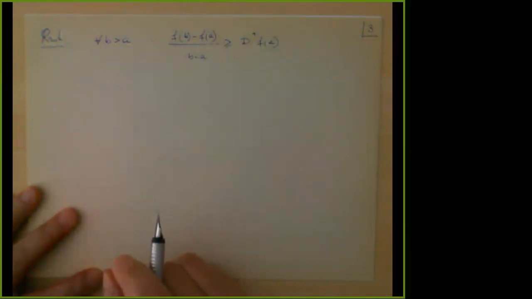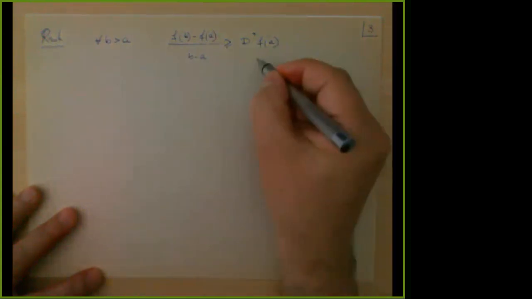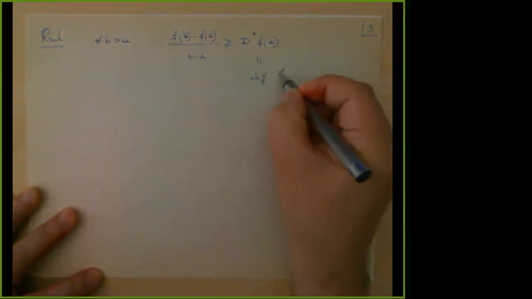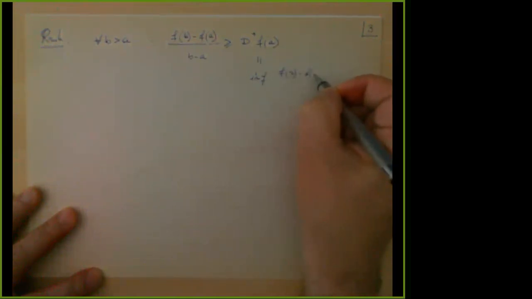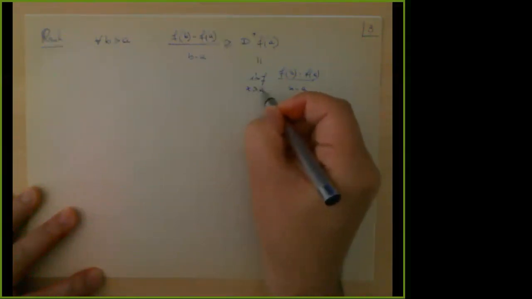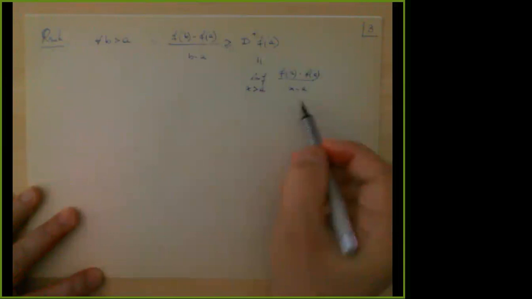And the reason is quite simple, because this is nothing else than the inf of f of x minus f of a over x minus a for x larger than a. So this is automatically true.